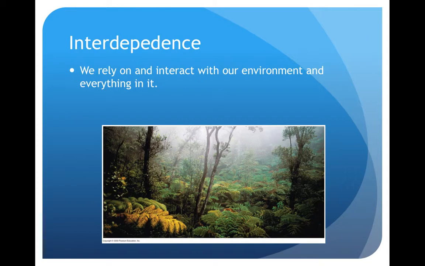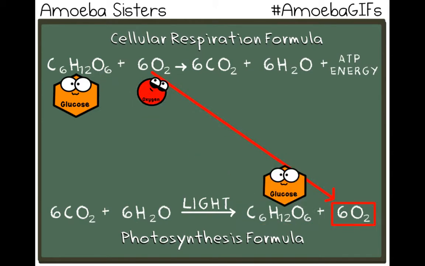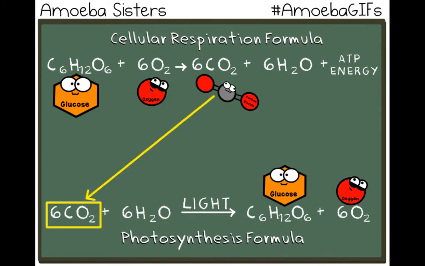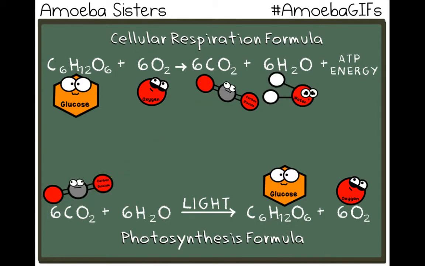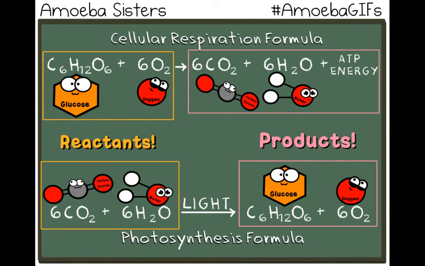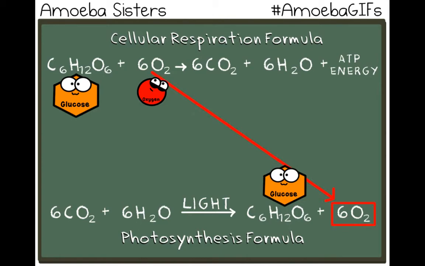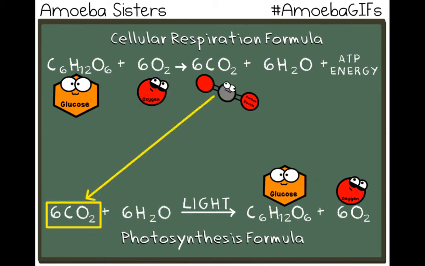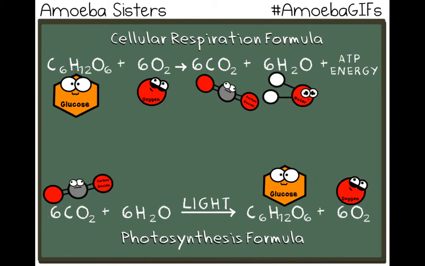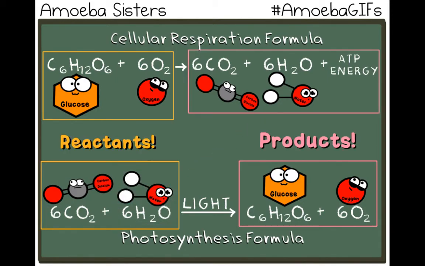So that's what interdependence is, and the best way to represent that to you is with these 2 processes: cellular respiration and photosynthesis. And we're going to, in a couple other videos, look at those individually. But here's a great graphic by the Amoeba Sisters that lets us summarize how those 2 equations are interdependent.